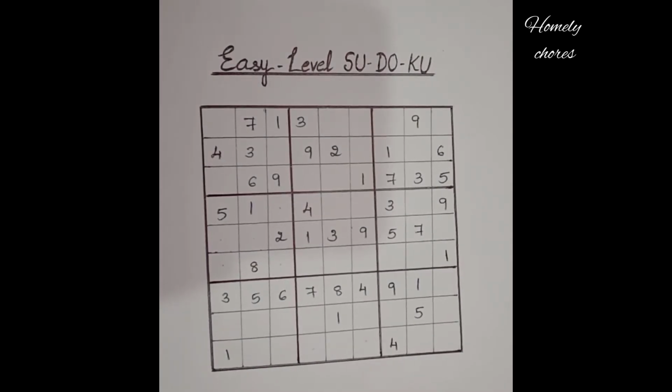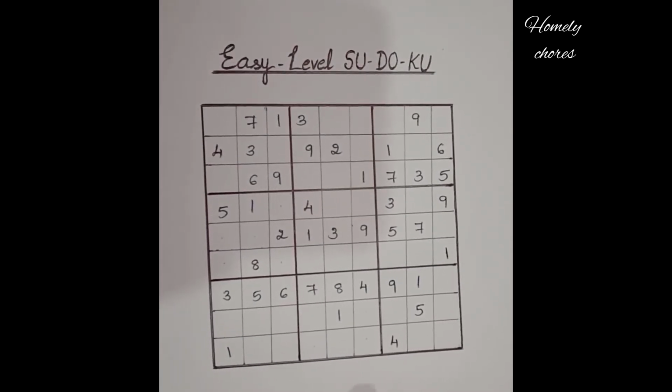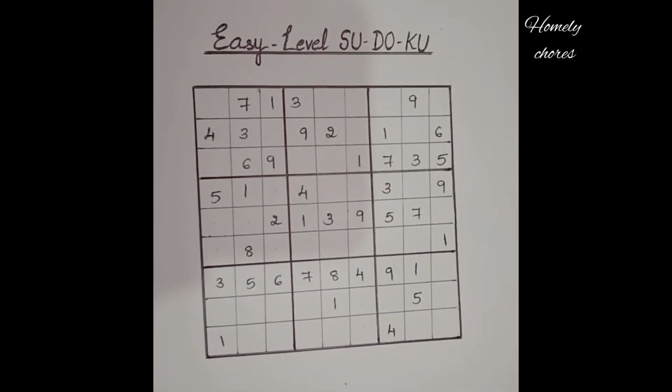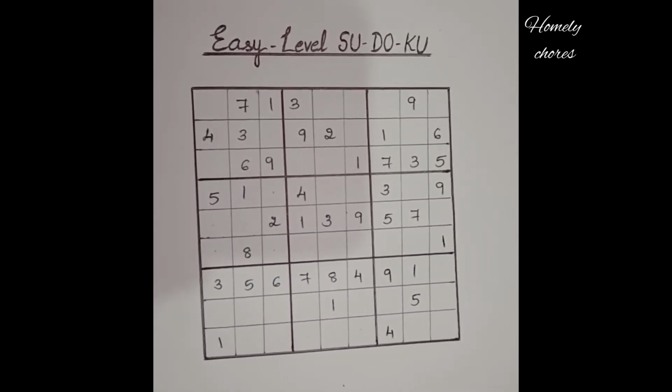Like this, select each and every number and use the same method and fill all the grids wherever possible. I am solving the puzzle now for all other numbers.